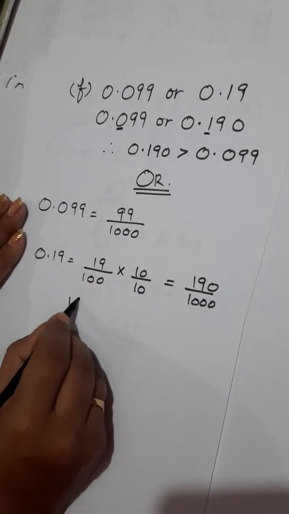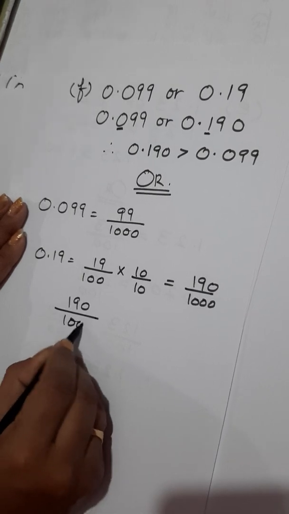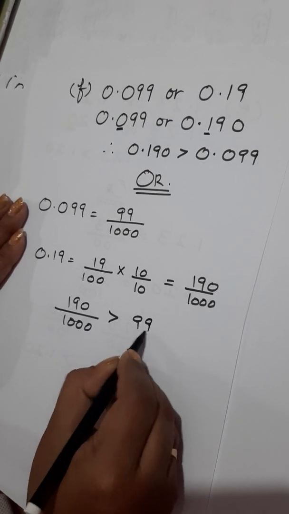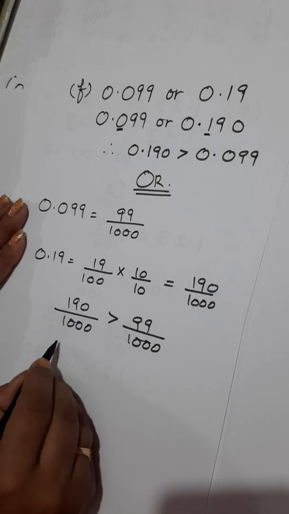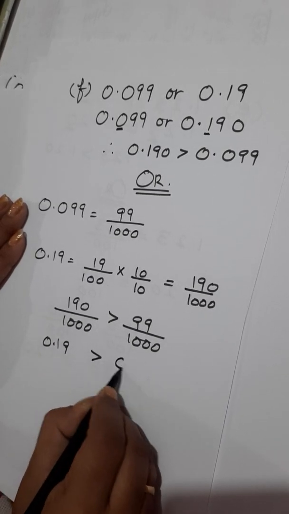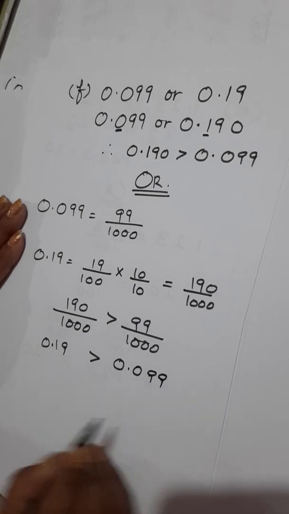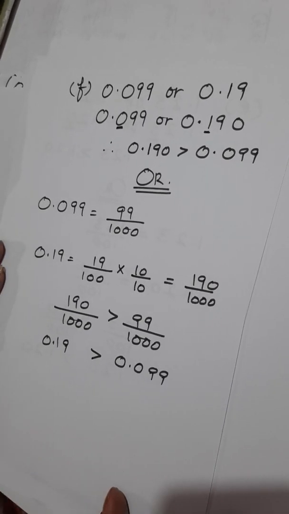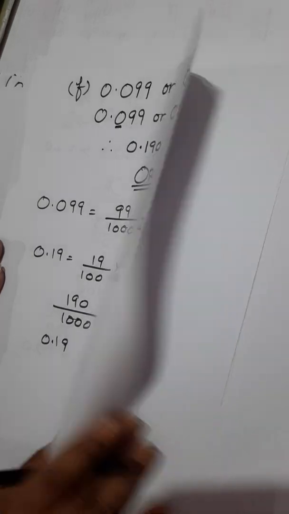So it is clear that 190 upon 1000 is greater than 99 upon 1000. So 0.19 is greater than 0.099. So this is your F part.